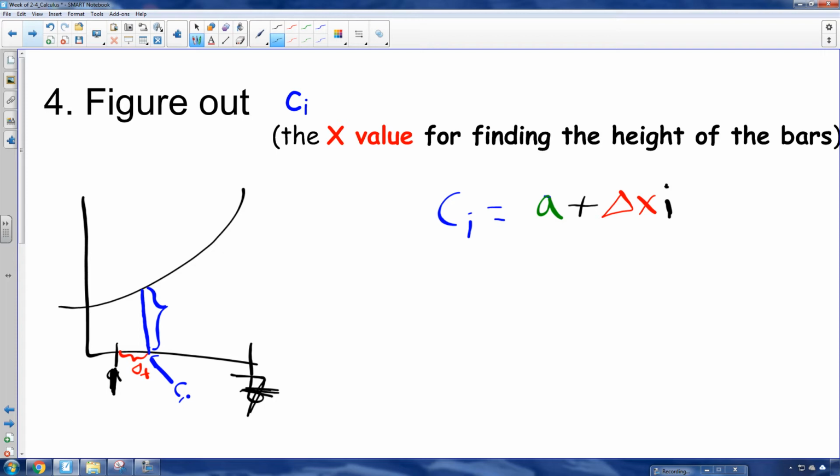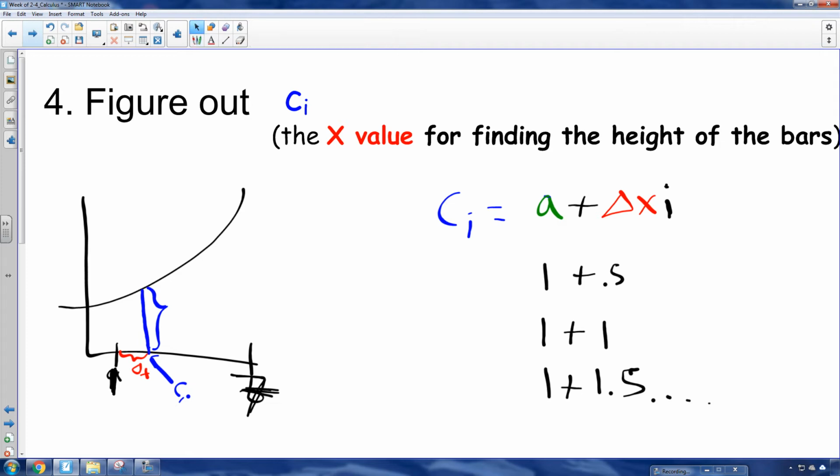So it's going to be that original number plus the width of the bar, which is 0.5. And our second bar, we plug in at 1 plus 0.5 twice. And then we take 1 and add 1.5. We're just going to keep on doing the same pattern, adding the width of the bar. The width of the bar is delta x, and we're doing that I times, over and over: 1 time, 2 times, 3 times, 4 times, and adding that all up.